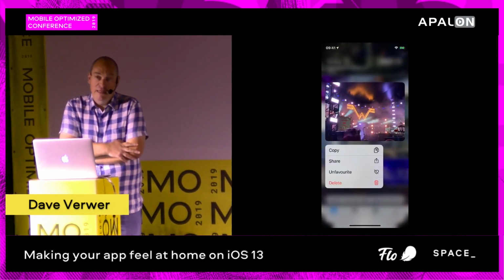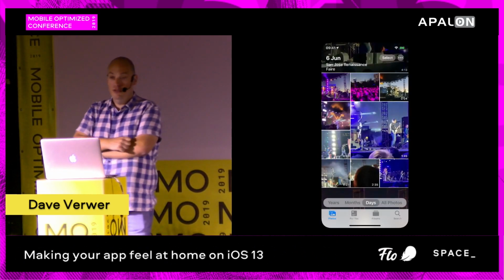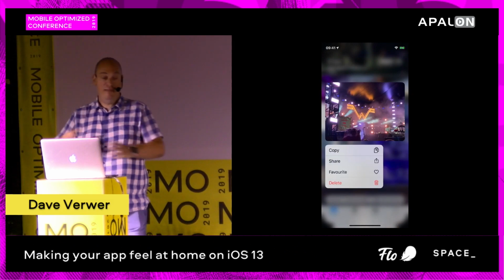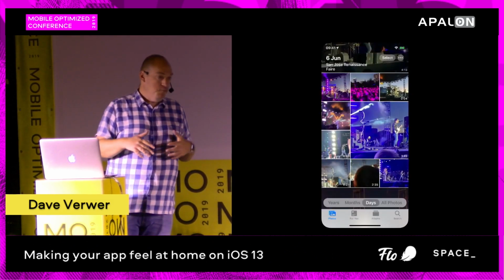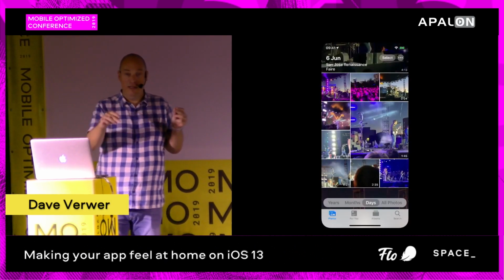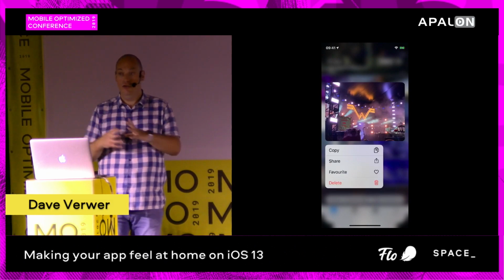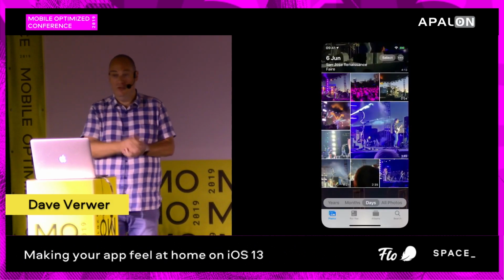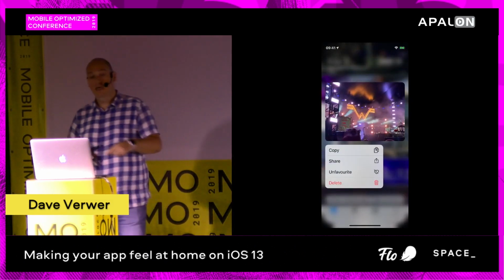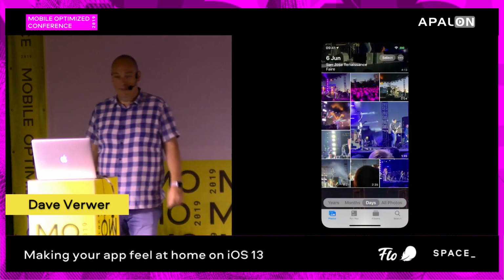We've had context menus on macOS for many, many years, and people know to use context menus for discovery. For example, in a text editor, if you select some text and you right-click on it, you know that right-clicking is going to show you a list of things that you can do to that text. You can cut it, copy it, delete it, or translate it into uppercase or lowercase or something like that.